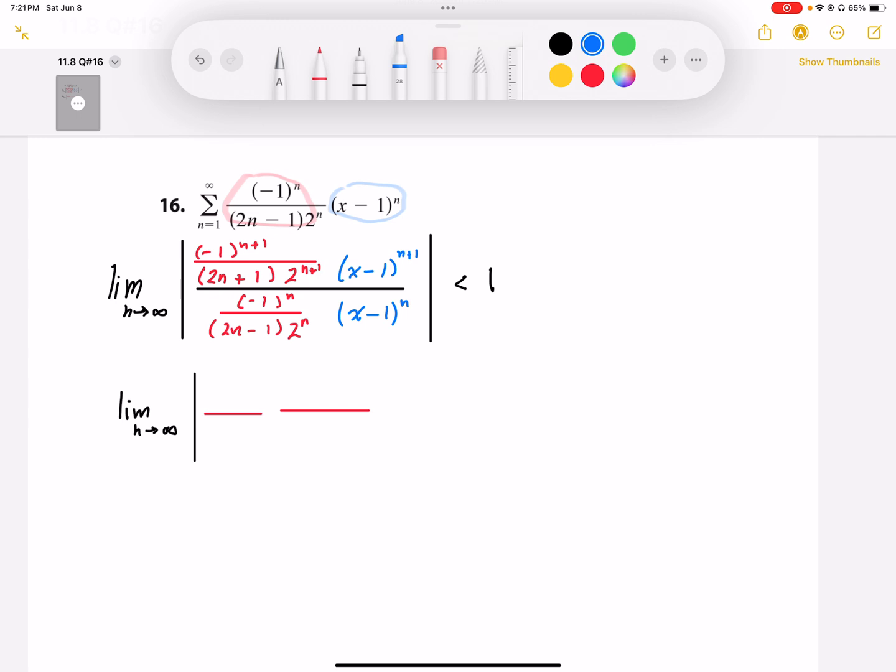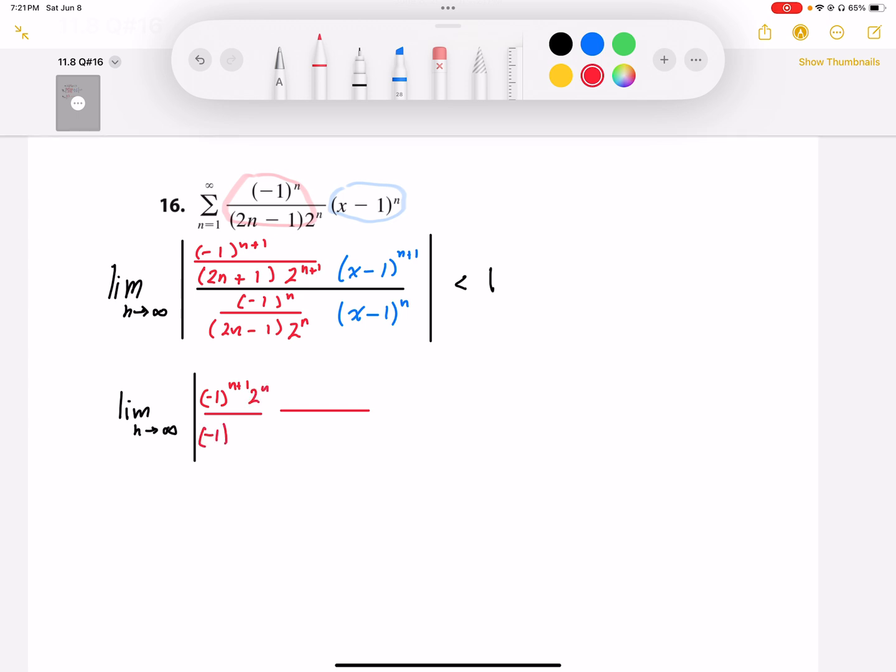So I have the n plus 1 in the numerator, and the n in the denominator, and I'm going to group my terms. We'll have the negative 1 to the power n plus 1, and the 2n in the numerator with it.